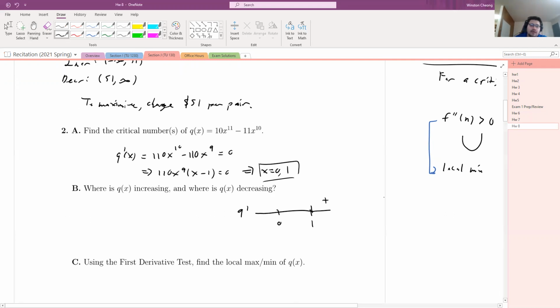Okay. And then we jump over each of these divisions. With each of these divisions, when we jump over, only one factor is going to change in sign. So going from greater than 1 to less than 1, the factor x minus 1 will flip in sign. It'll go from positive to negative.